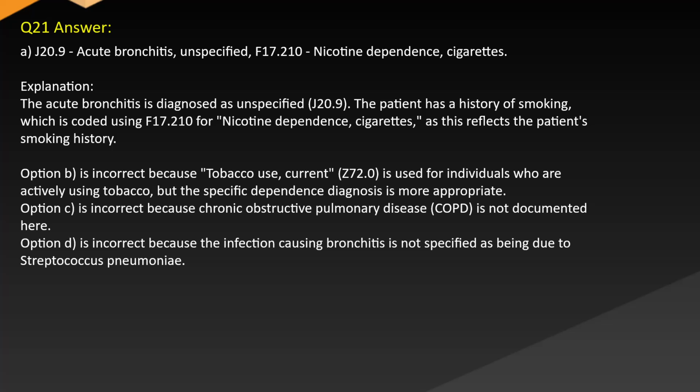Option B is incorrect because tobacco use, current, Z72.0, is used for individuals who are actively using tobacco, but the specific dependence diagnosis is more appropriate. Option C is incorrect because chronic obstructive pulmonary disease, COPD, is not documented here. Option D is incorrect because the infection causing bronchitis is not specified as being due to Streptococcus pneumoniae.